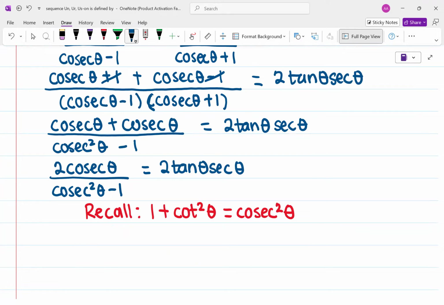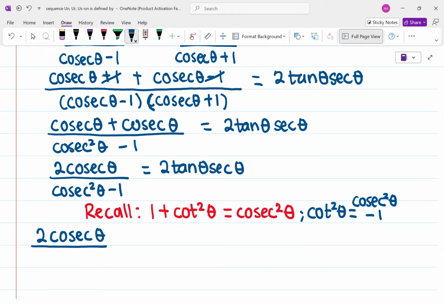So I will now rewrite my left-hand side of the equation. Since 1 plus cot square theta equals cosec square theta, that means my cot square theta is equal to cosec square theta minus 1.